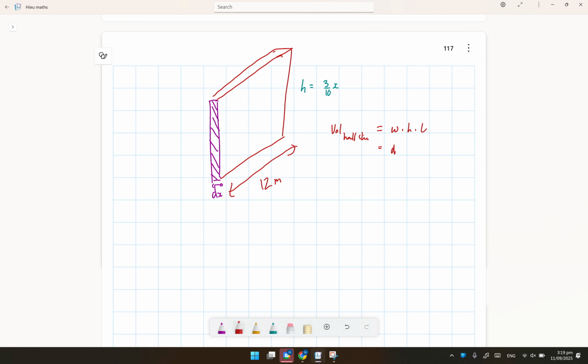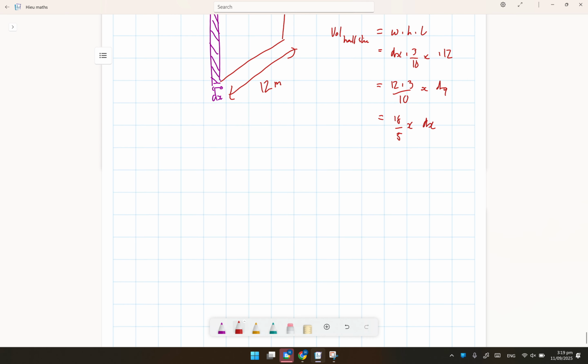The width is dx, height is 3 over 10x, and the length is 12. Therefore, what we have is 12 times 3 over 10 x dx, or, I'm terrible at mental math, 18 over 5x dx. Because 5 cancels out, 2 cancels out there, so it's 6 times 3, 18, yeah, 18 over 5x dx.